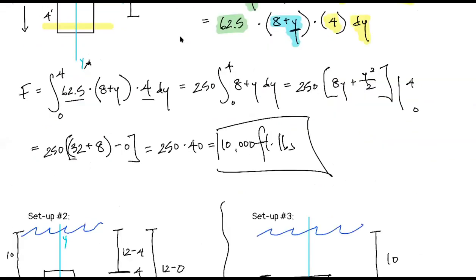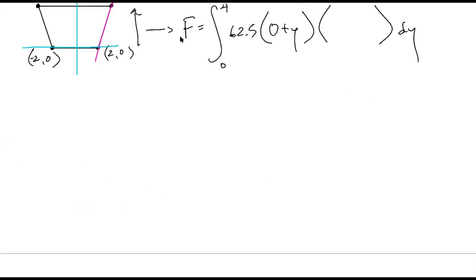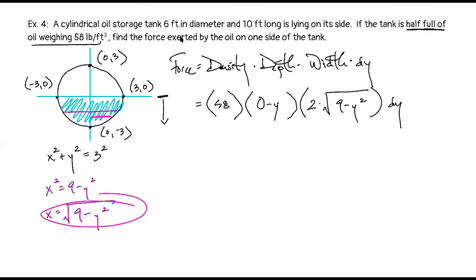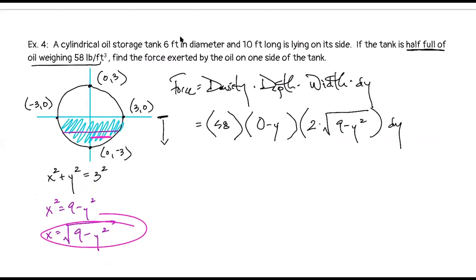So in example number 4 and example number 3, yeah, we didn't take it into account. We literally just did either y or minus y. We're only looking at the force exerted on the end of the tank.